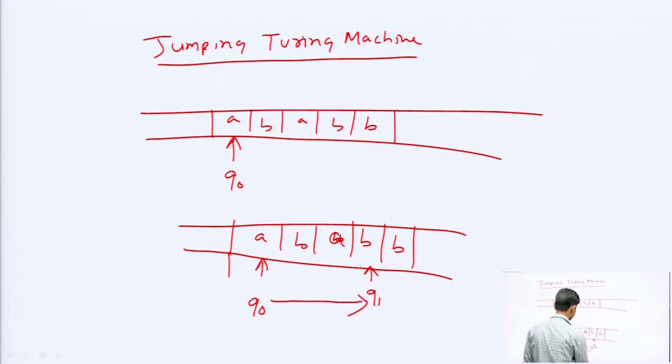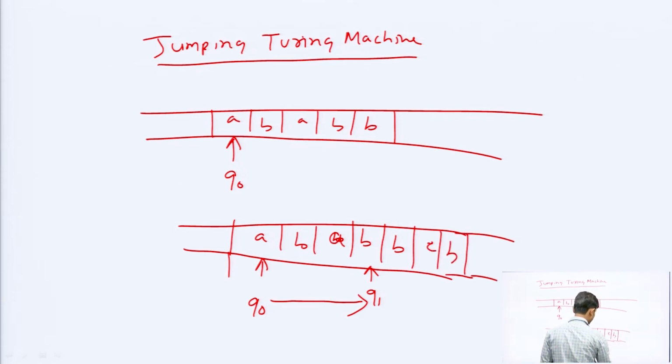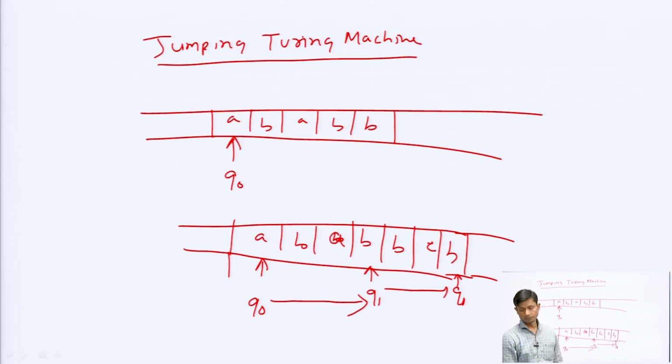Similarly, suppose here there are 3 or 2 symbols in between, like B, C, B, then again it will jump to Q1 or Q2, any state you can jump like that. So, this is the jumping Turing machine, no need to go cell by cell.